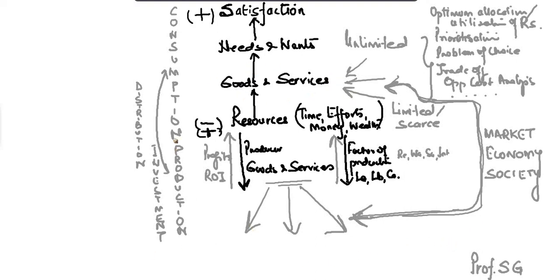So we also see that there's a very interesting association between the economic activities: it's consumption that necessitates production, and production that facilitates consumption.